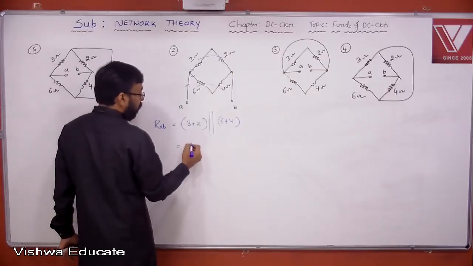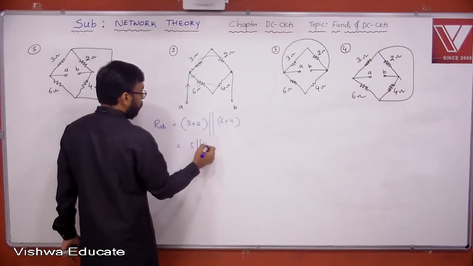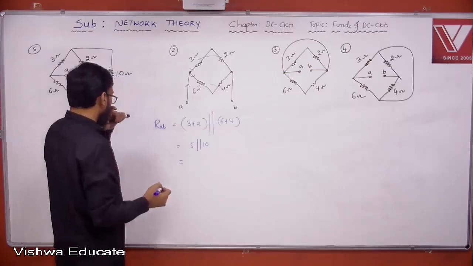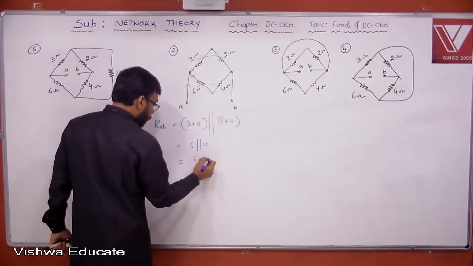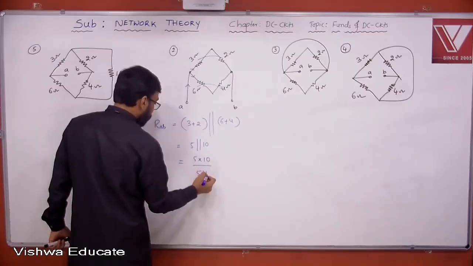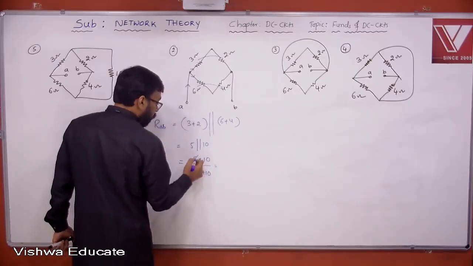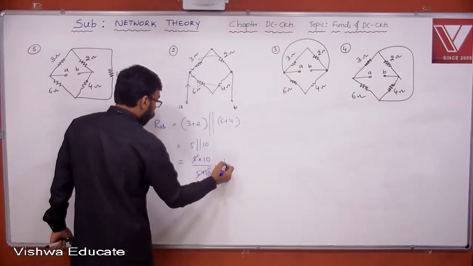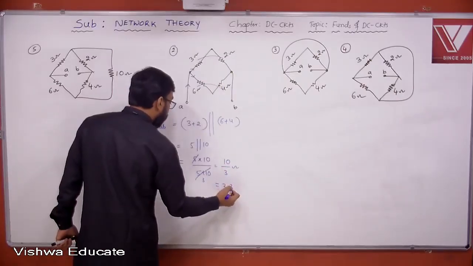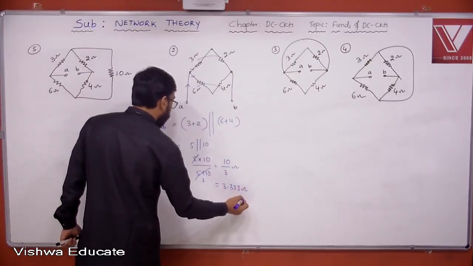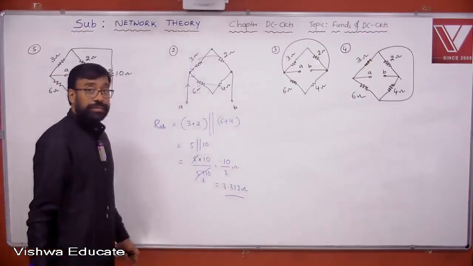What is this now? 5 parallel 10. Okay. What's the answer here? 5 into 10 by 5 plus 10, which is 50 by 15, that is 10 by 3 ohm, or 3.333 ohm. Okay? Right.